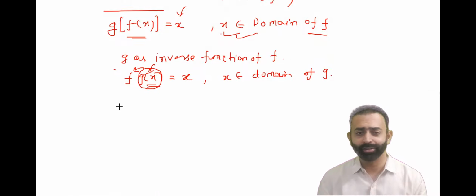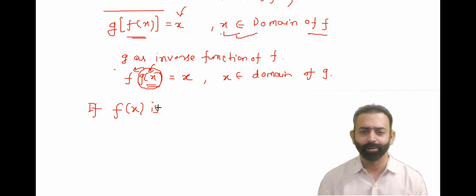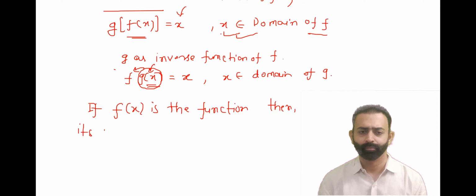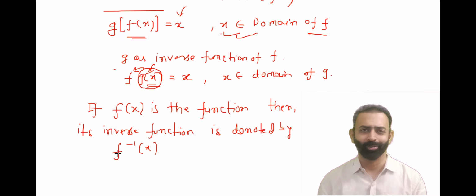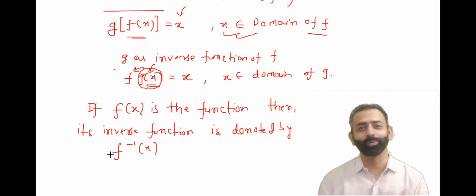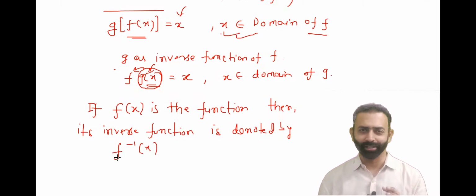So if f(x) is the function, then its inverse function is denoted by f inverse. I am not pronouncing it as f raised to power minus 1, but it is written as f with the exponent minus 1, right?